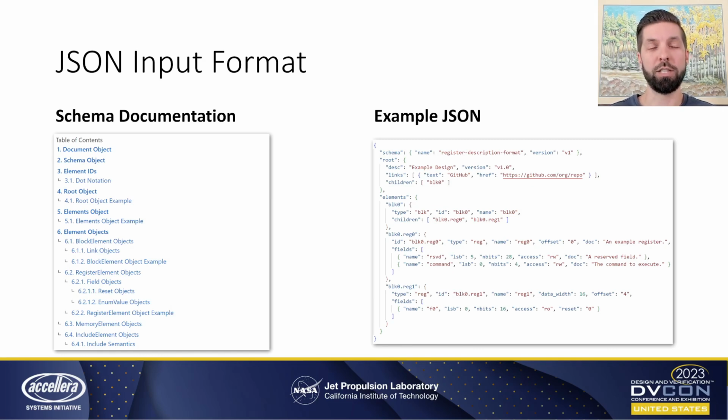And JSON is a format that JavaScript can natively deserialize out of the box. You don't need an external library. And the second is that we wanted to minimize the amount of processing necessary to transform this input into the internal representation that Regvue uses.